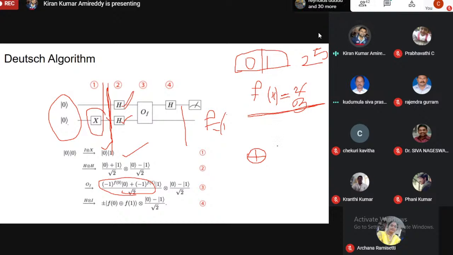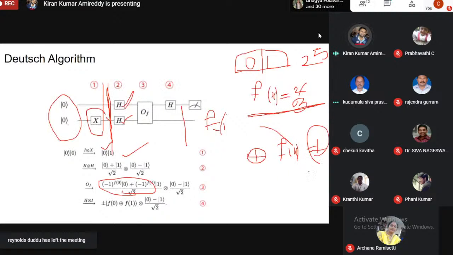Suppose a function is there, whatever input you give, you will only end up with one value. Whatever the x, f of x is equal to 1 if you define it like this. So x can be anything, but your output is only one single value, so that is constant. This is a constant function.